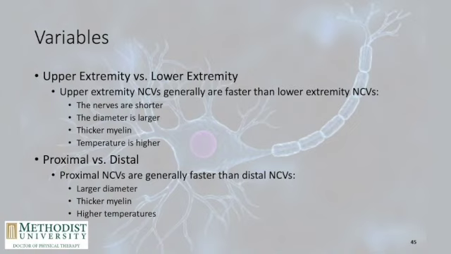Now, looking at proximal versus distal, proximal nerve conduction velocities, and this goes without saying, are going to be a little faster than distal ones. The reason being, think back to anatomy class. Think back to how that really thick sciatic nerve branched off and got smaller and smaller. A smaller nerve means less myelin, which means we're going to have a slower velocity.